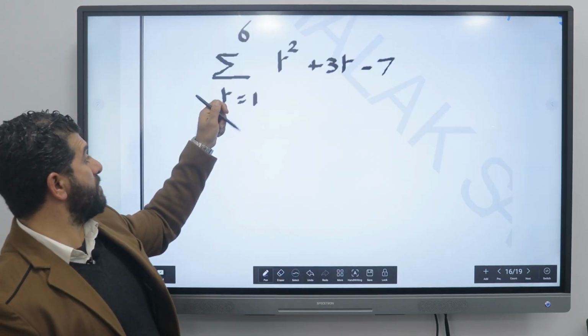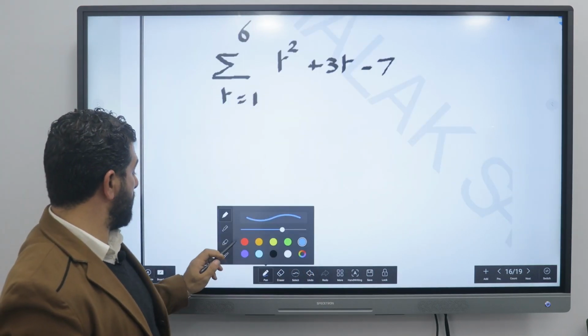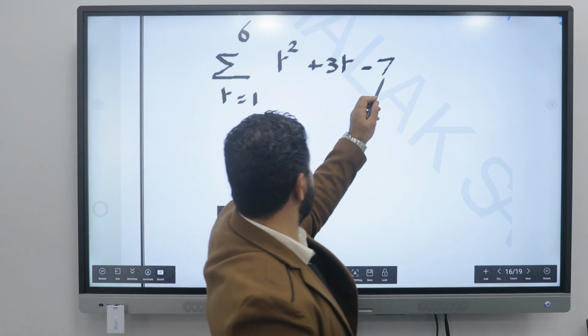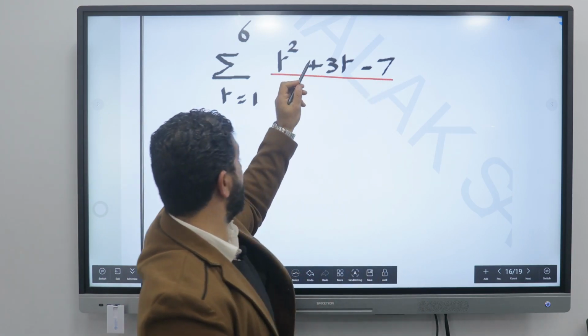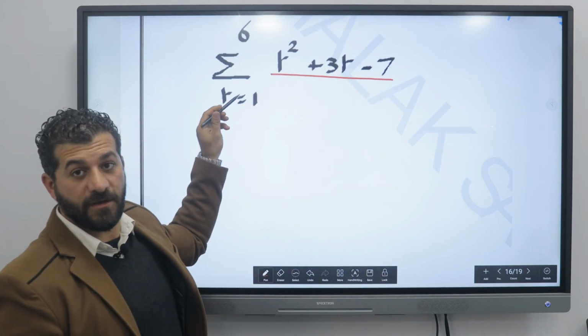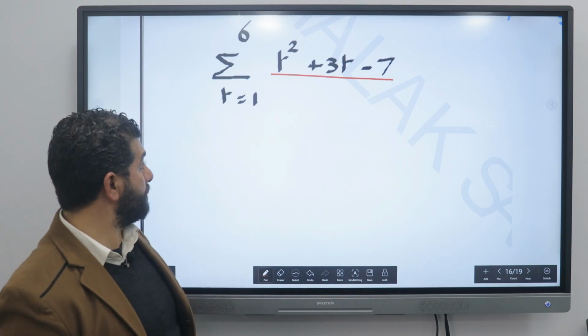That's it. I want to find the sum of all terms of this sequence here: r to the power of 2 plus 3r minus 7, and r from 1 to 6.